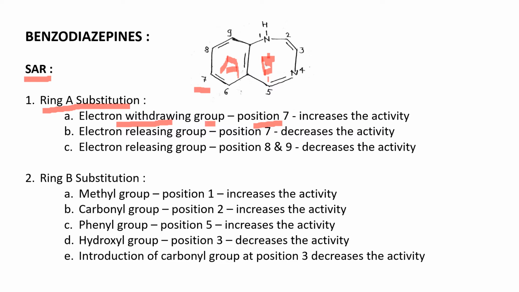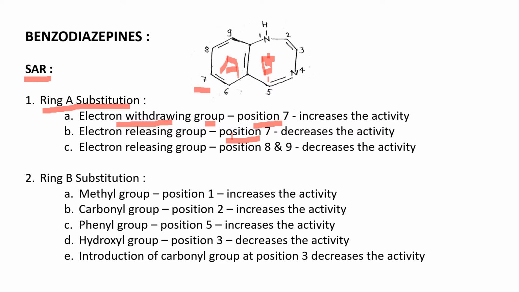Second one, if electron releasing substituents or electron releasing groups are present at the 7th position, then it is going to decrease the activity. Examples of electron releasing substituents are NH2, C=CH2, CH3, OH, etc. If these groups are present at the 7th position, then it is going to decrease the activity.